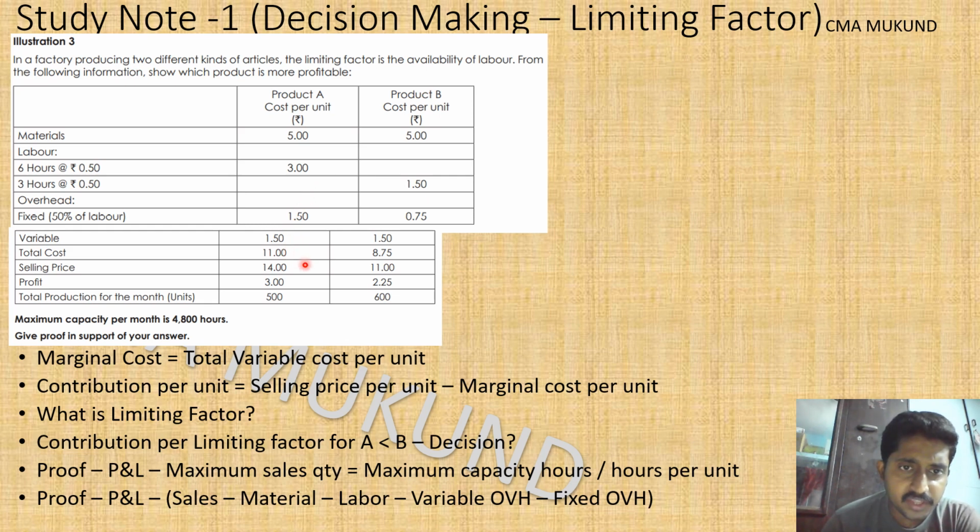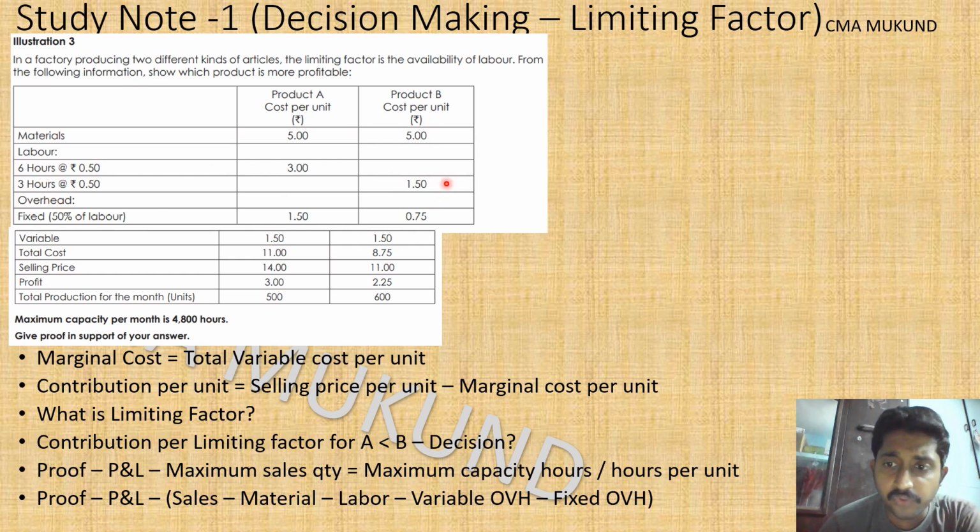Put together, for A you can find the contribution, and for B also you can find the contribution, and then divide the contribution by the limiting factor, which is for A 6 hours of labor hours to produce A, while product B can be produced in 3 hours.